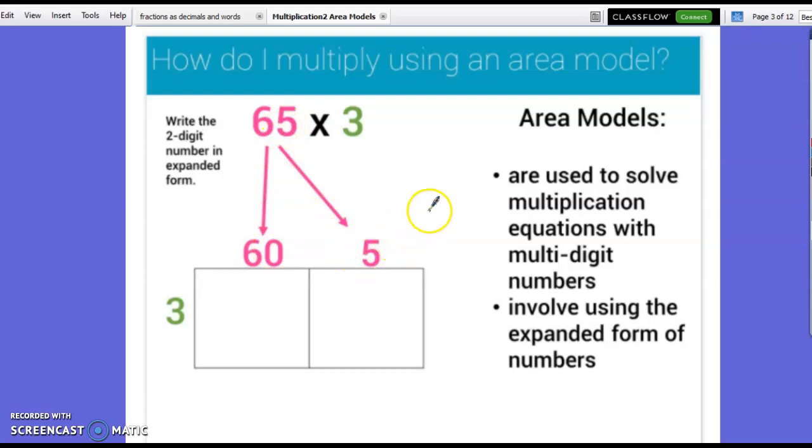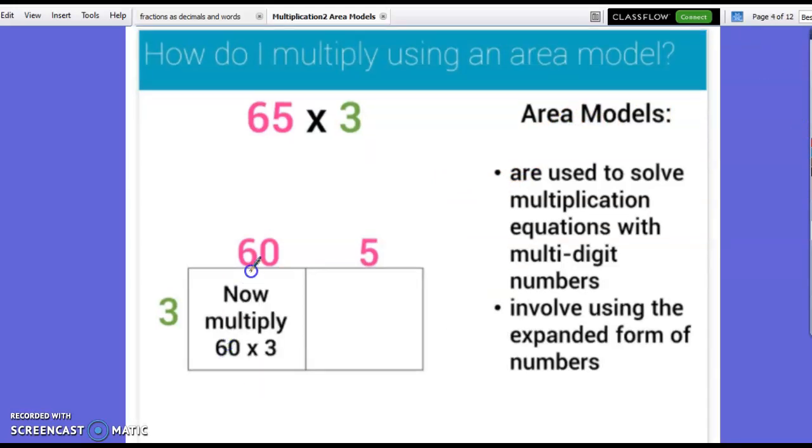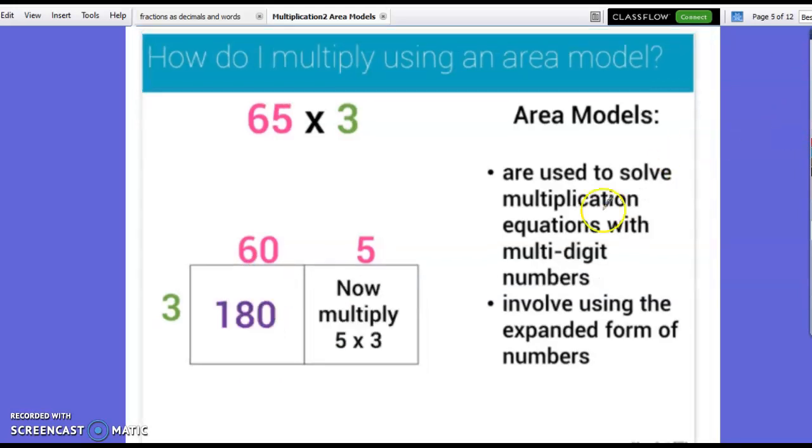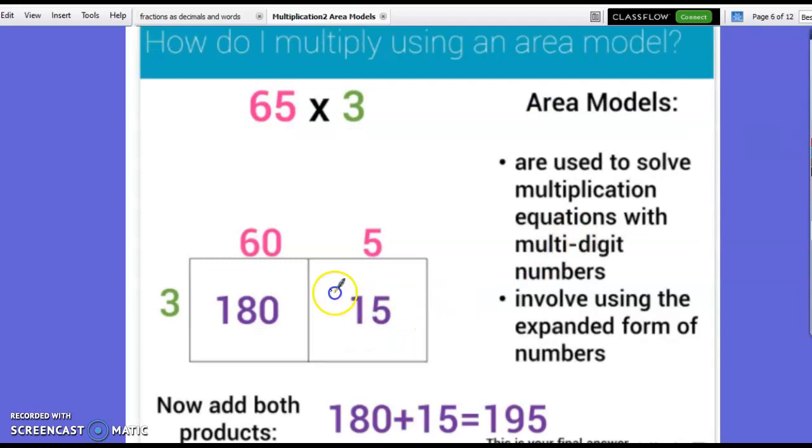Again, just follow along here. This is a review of the notes that we took yesterday. Then the very first step is you're going to multiply 60 by 3 and put the answer, the partial product, in that first box. Then you get 180. Then the next step is you multiply 5 times 3 and your partial product answer will go into the next box, which is 15.